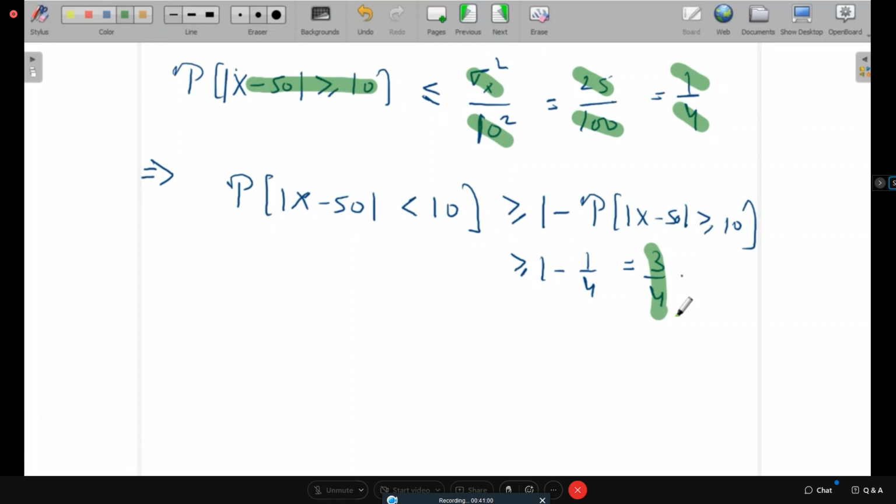Please do verify whether there is any mistake. So you can see Chebyshev's inequality, we are looking around the mean, about the mean.